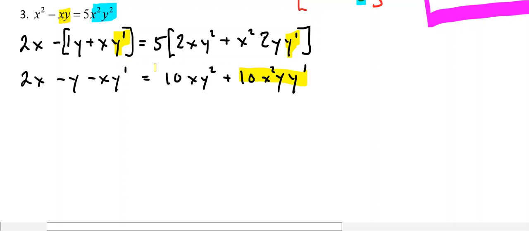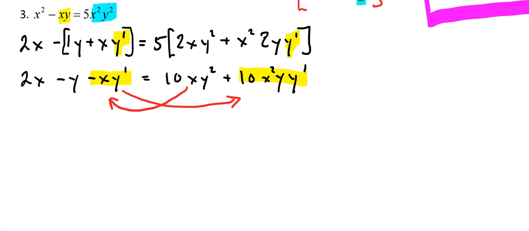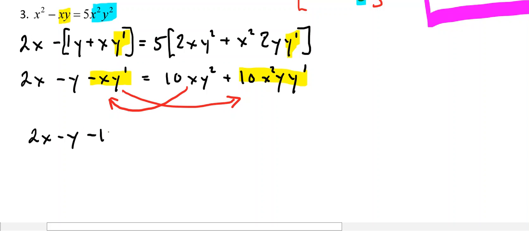I'm going to bring this term over here and this term over here. So I will have 2x minus y minus 10xy squared equals 10x squared y prime plus xy prime.